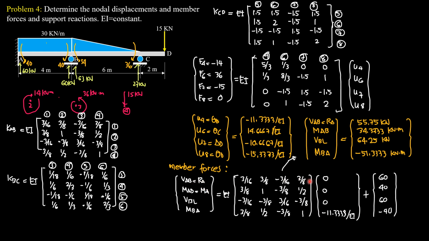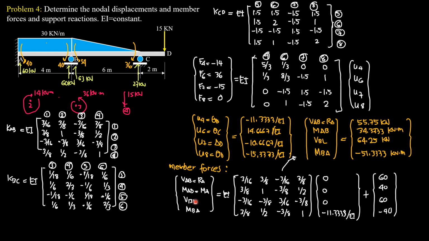So 3/8 times negative 11.3333 plus 60 equals 55.75. Moment AB is 1/2 times negative 11.3333 plus 40, that's 34.3333 kilonewton meter.